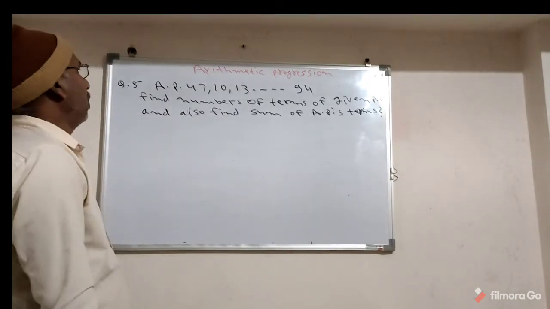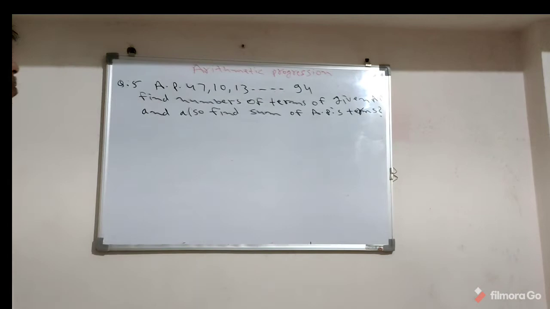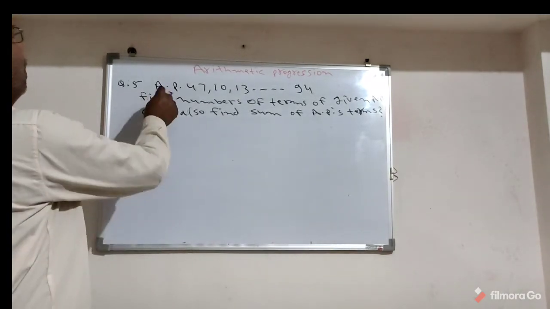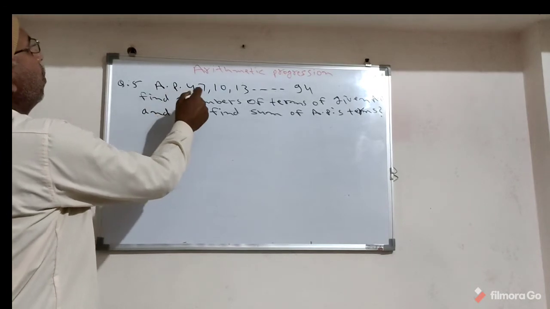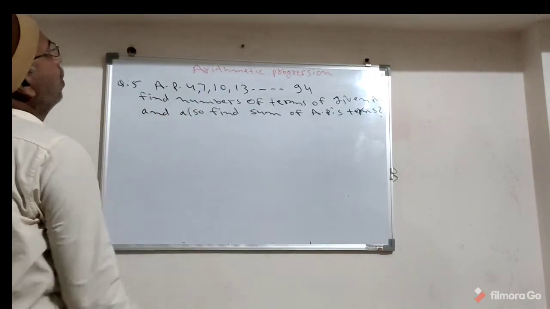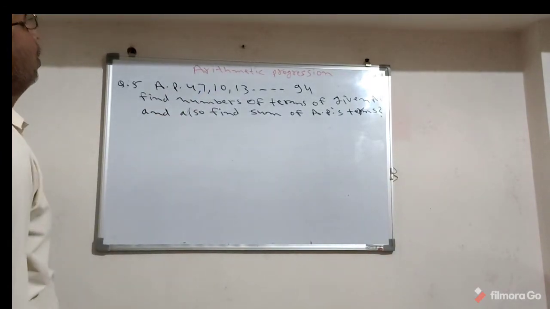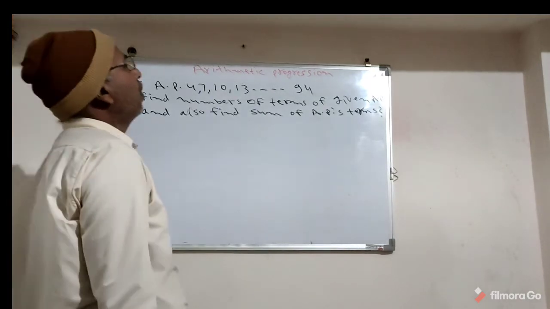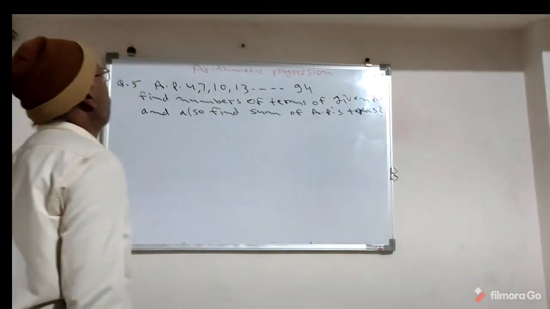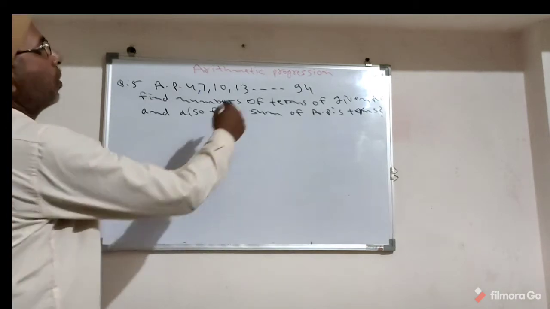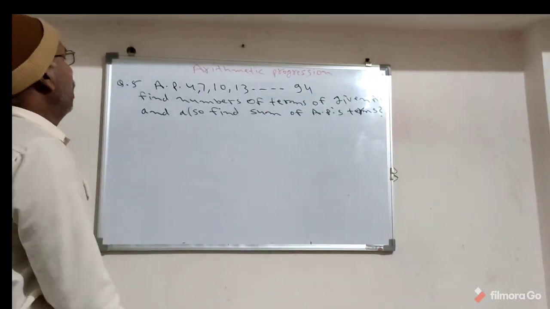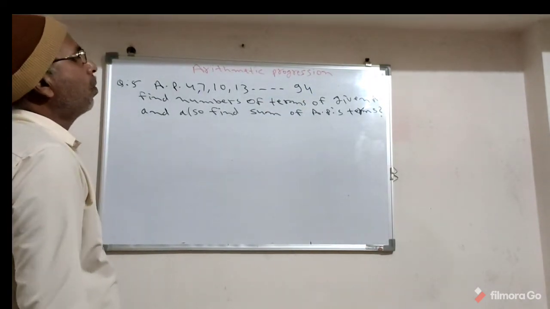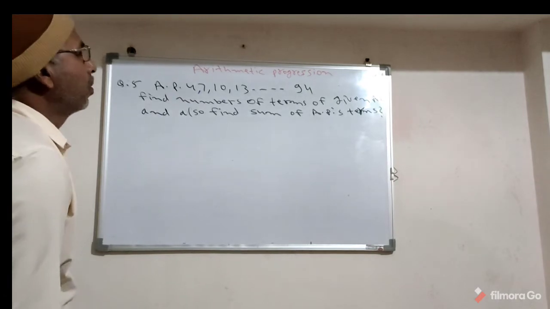Right, students, in question number 5, we are given an AP: 4, 7, 10, 13, up to 94. Find the number of terms of the given AP and also find the sum of the AP's terms.